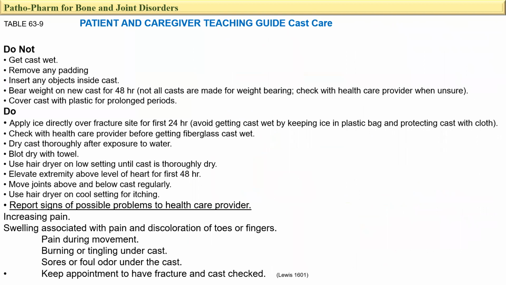All nursing interventions, what should and should not be done, and all the relevant nursing implications about cast application will also be covered in Adult Health 2.